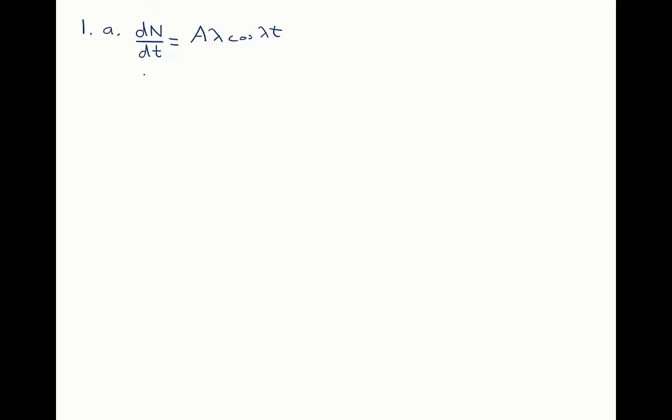And when I calculate the right-hand side, which is just minus lambda n, so minus lambda n is just minus lambda a sine lambda t. Okay, these two are not equal, so this is not a solution. Let's try the second one.